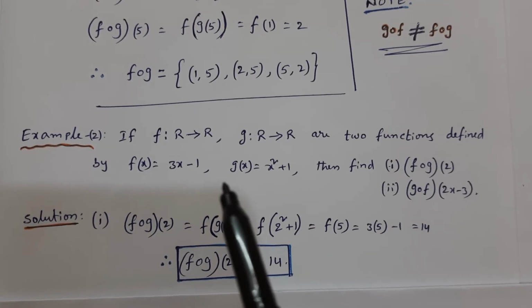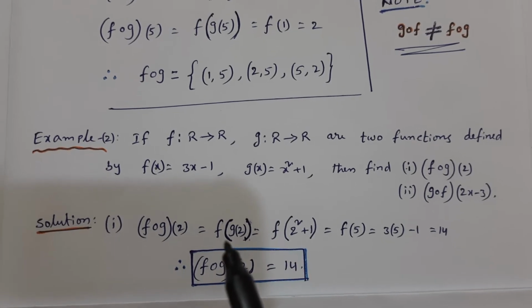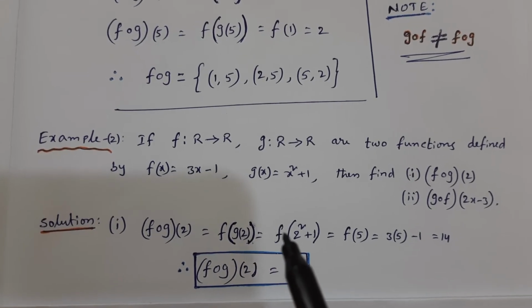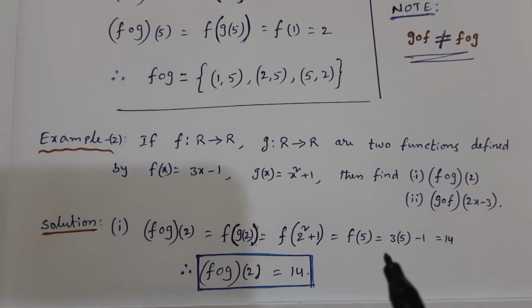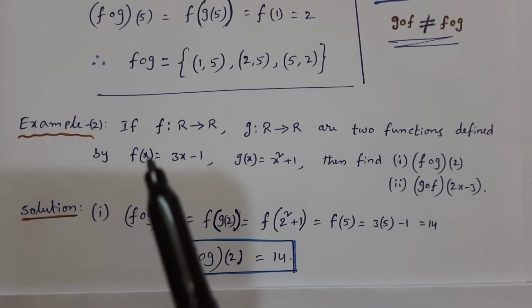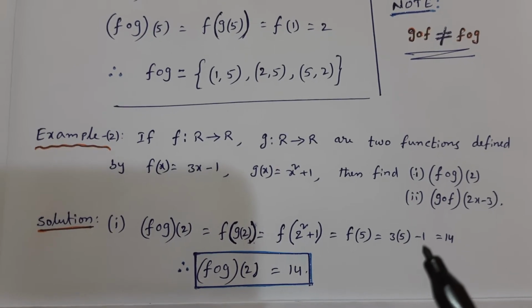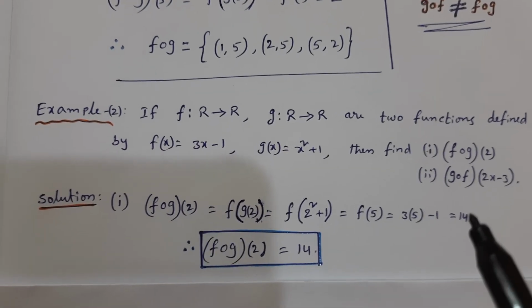Here g of x is x square plus 1, so g of 2 is 2 square plus 1, which is 5. So f of 5: since f of x is 3x minus 1, substitute 5, giving 3 into 5 minus 1, 15 minus 1, 14. Therefore f circle g of 2 is equal to 14.